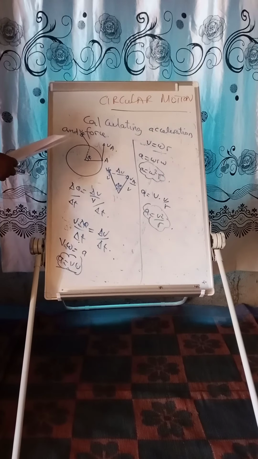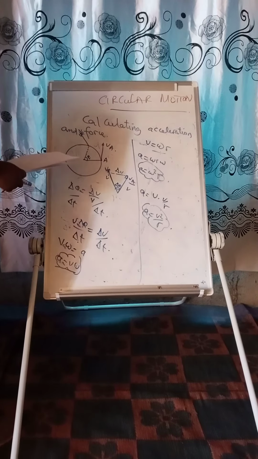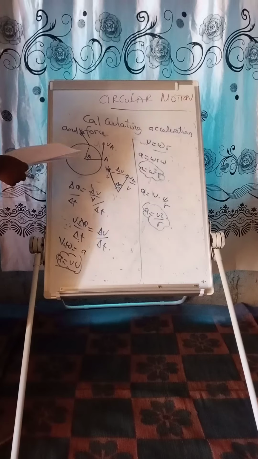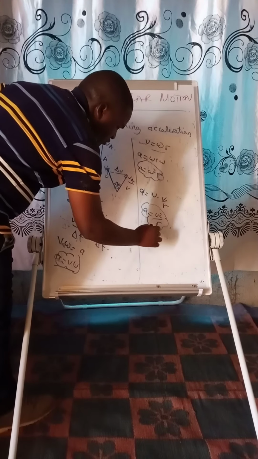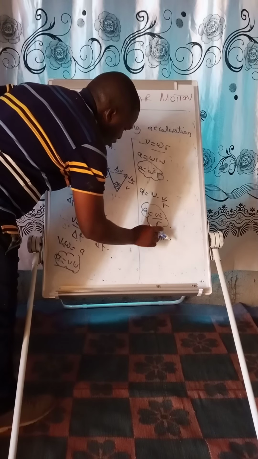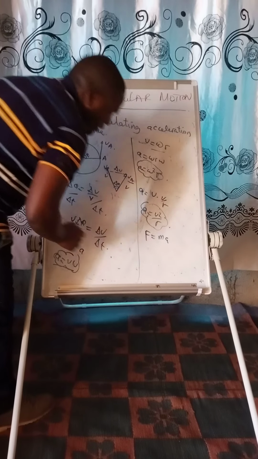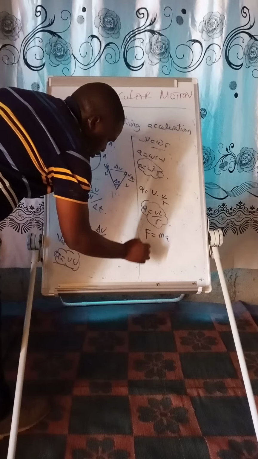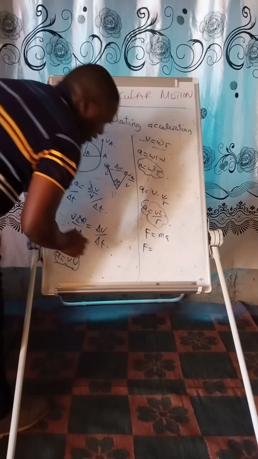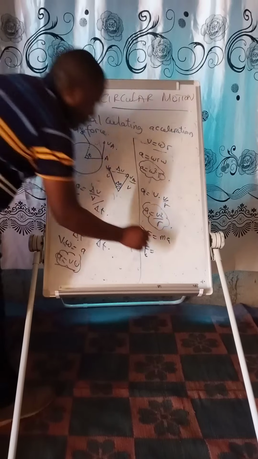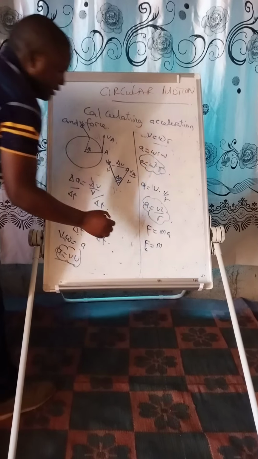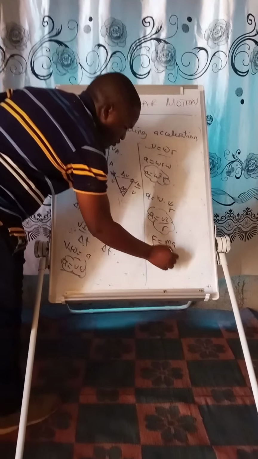So this is how acceleration can be found. Now, by using Newton's second law of motion, we can deduce an equation for centripetal force. Newton's second law of motion is force is equal to mass times acceleration. So centripetal force will be equal to mass times v squared over r.